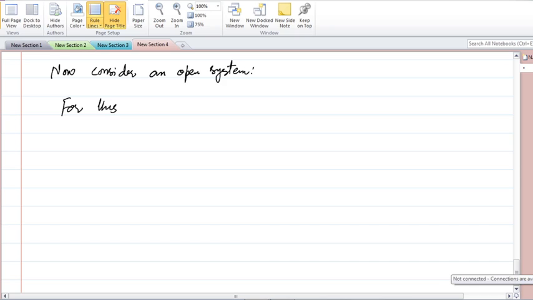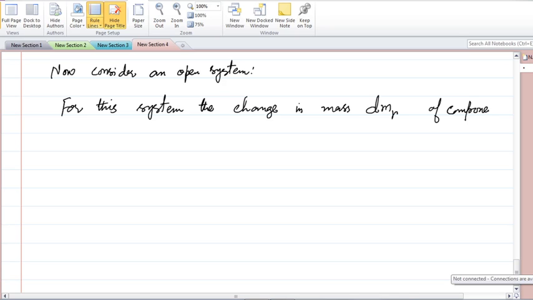For this system, the change in mass, we will write it as dm gamma of component gamma, is basically split into two terms because this is an open system.